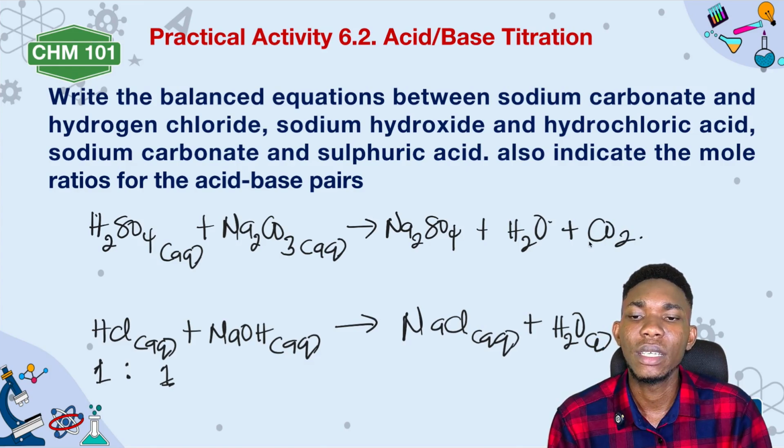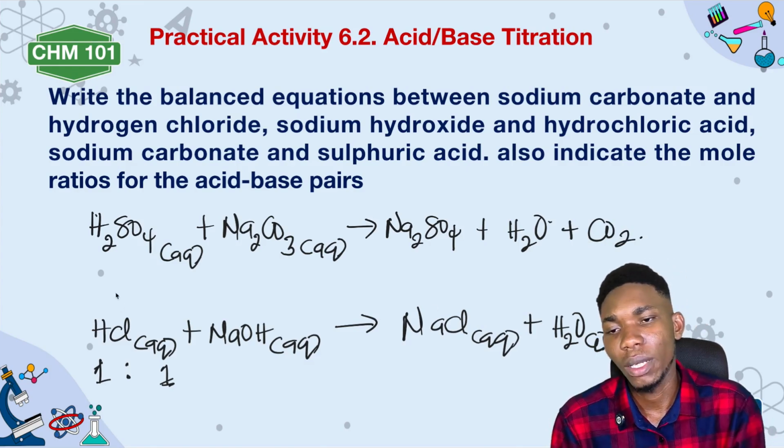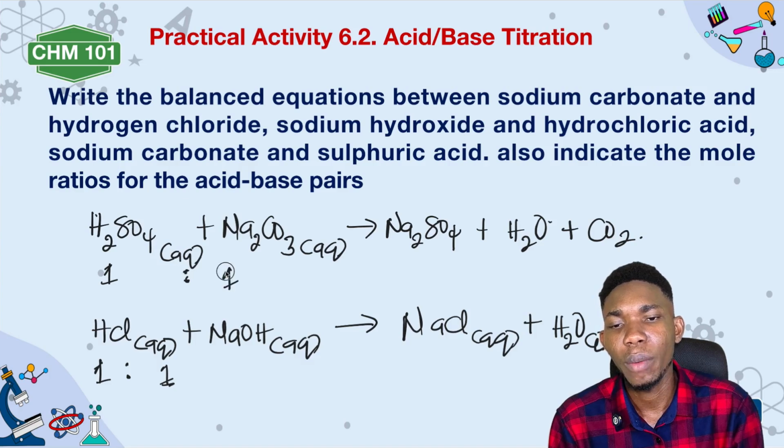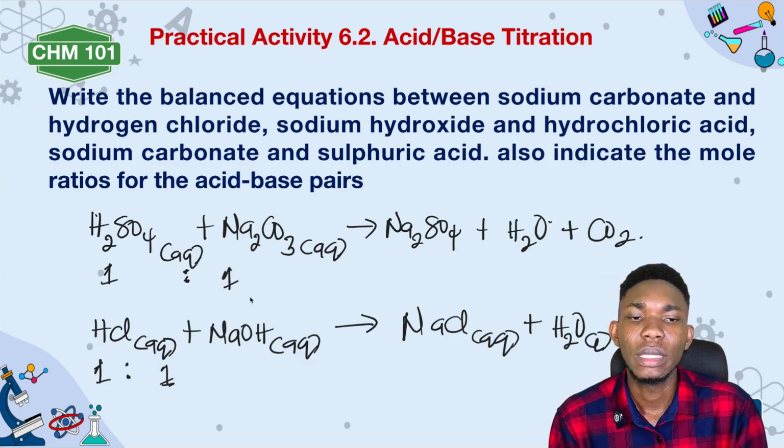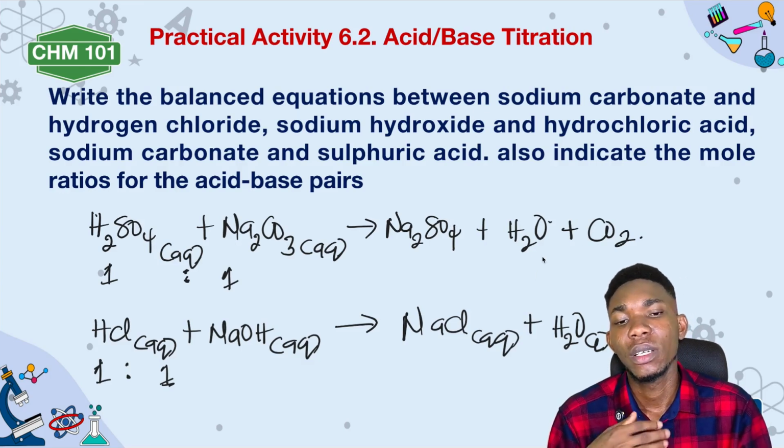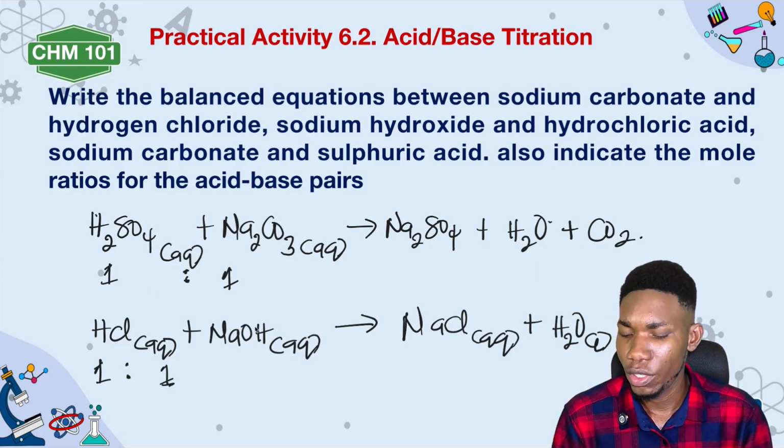This is the balanced equation for this particular one. Now the mole ratio is 1 mole to 1 mole. Is that okay? If you count, oxygen here is 4, plus this one 7. Okay, it's complete. So the mole ratio is 1:1.